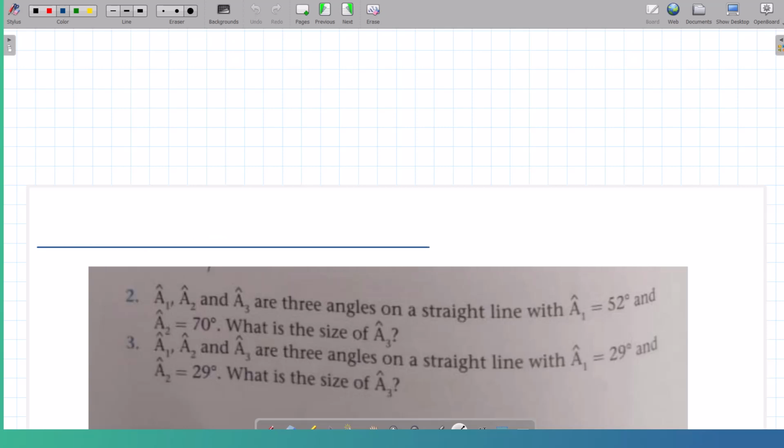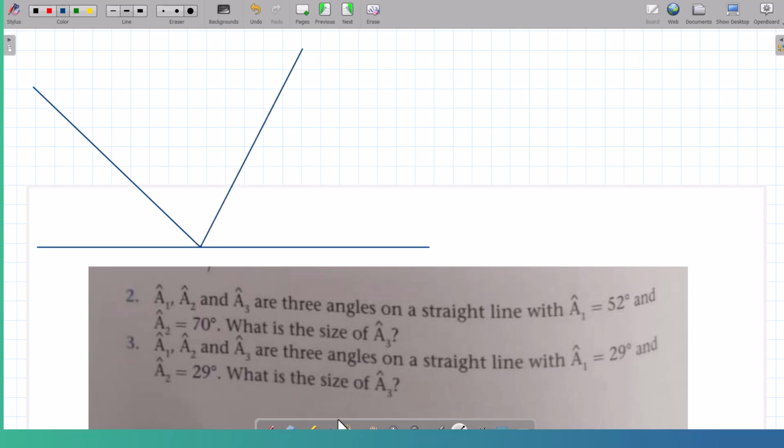So we have angles A1, A2, and A3. If this is A1, and then this is A2, and then A3 next.